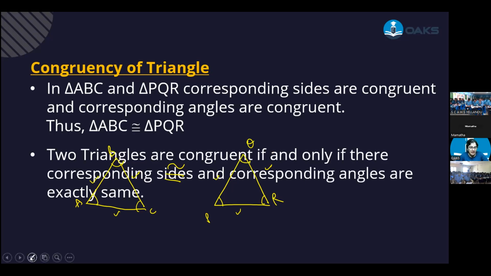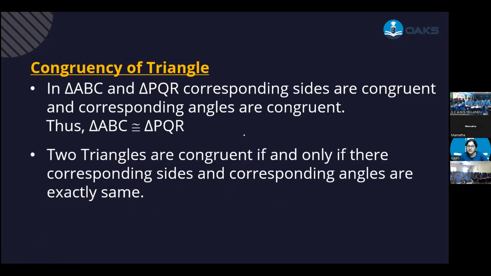So, I have another definition. Two triangles are congruent if and only if their corresponding sides and corresponding angles are exactly the same. So these both are the vice versa of each other. We can say this or we can say this.